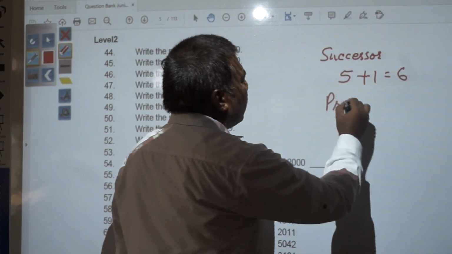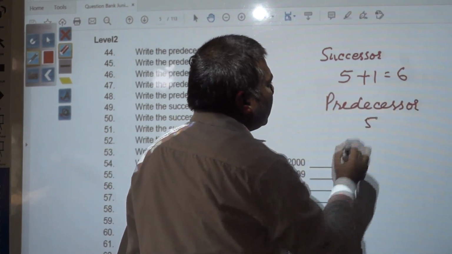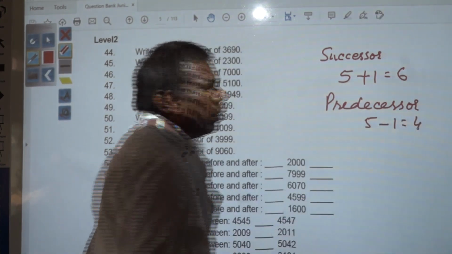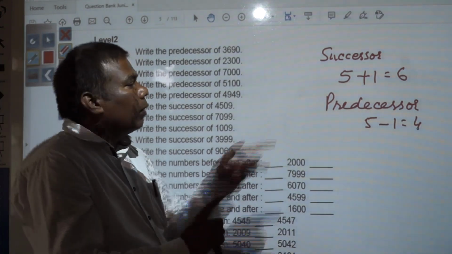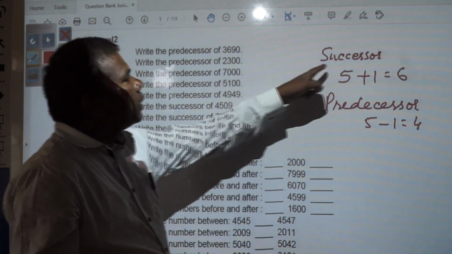Predecessor of 5 means 5 minus 1 is equal to 4. So one number before will be called predecessor. One number after will be called successor.